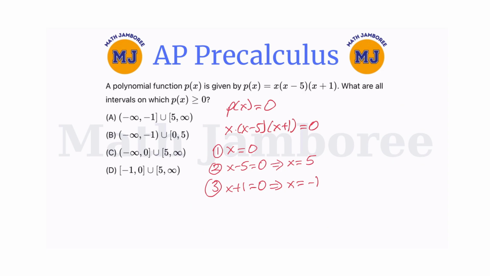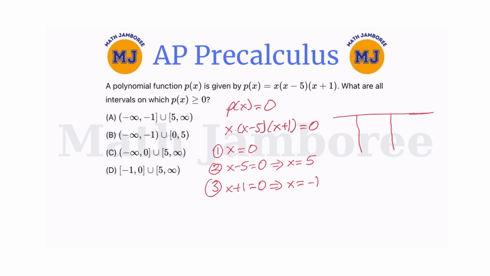Now that we have the roots, we need to figure out where the polynomial is positive or negative. We do this by analyzing the sign of P of x in the intervals formed by these roots. So to do that, you will draw a sign chart, and we will put the values in here.